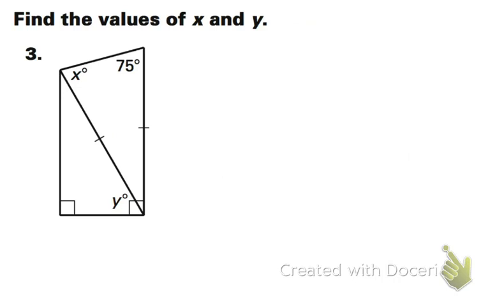First thing I'm going to do is focus on the information that I'm given, the fact that this is a 75-degree angle, and the fact that these tick marks show that this segment right here is the same length as this segment right there. So it looks like they're all part of a triangle here, and that would be an isosceles triangle.